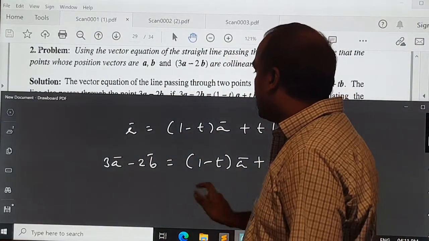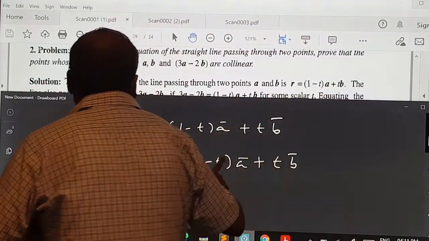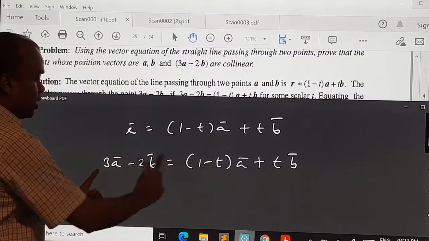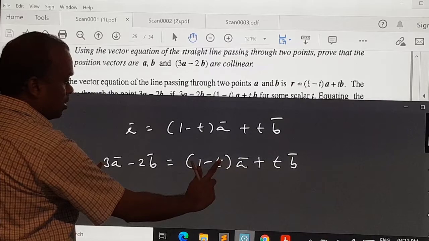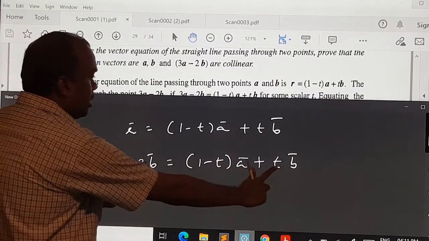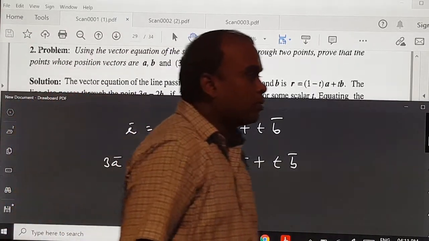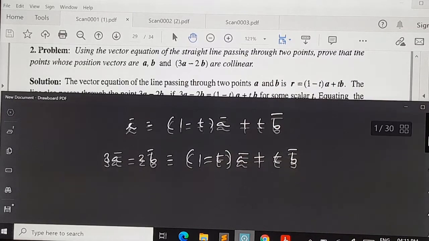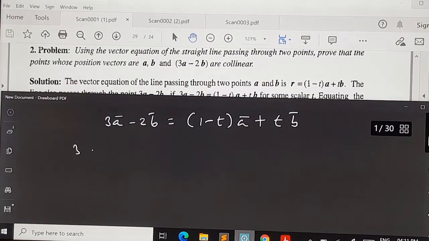Right now, what I do is I equate the corresponding components, the components of a bar and b bar. I equate them and I get 3 is equal to 1 minus t and minus 2 is equal to t.